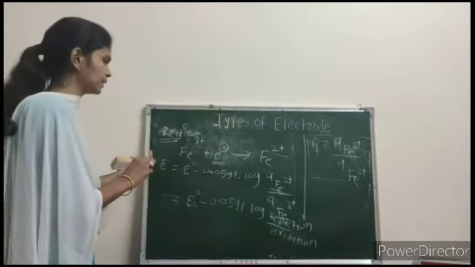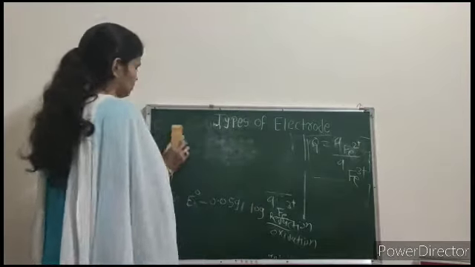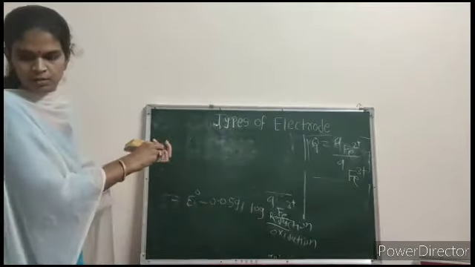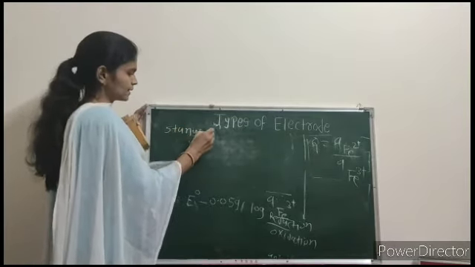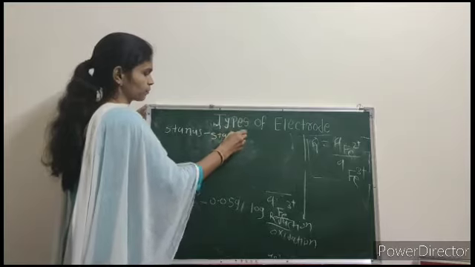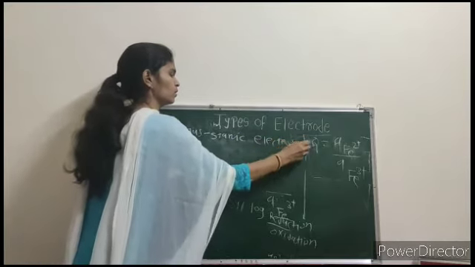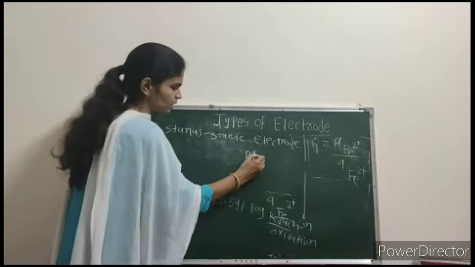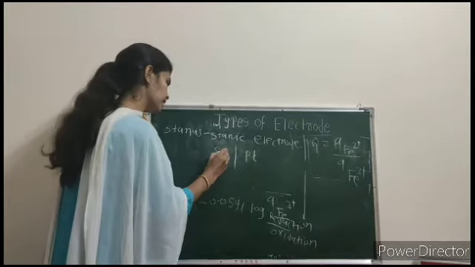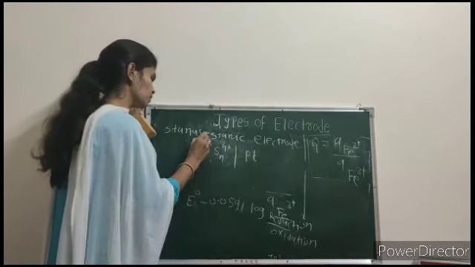The next example is the stannous stannic electrode. The cell representation is a platinum electrode steeped in Sn4 plus and Sn2 plus.